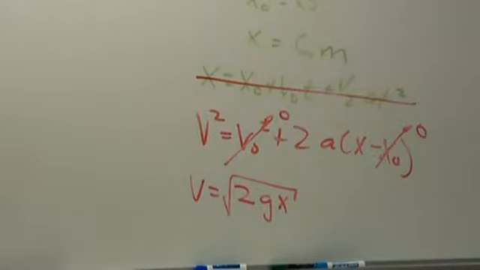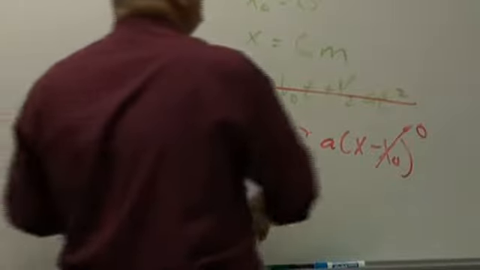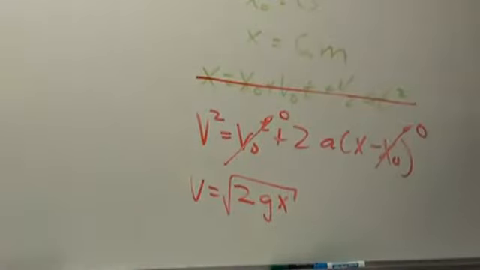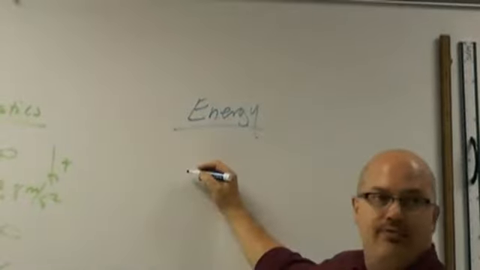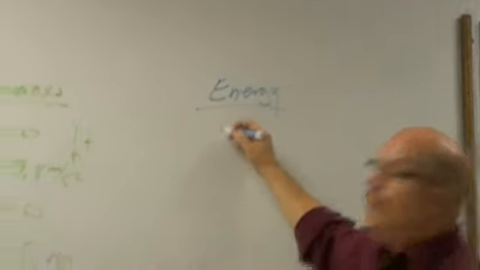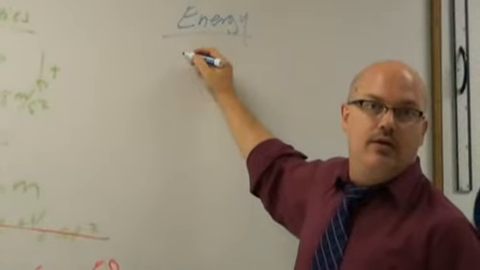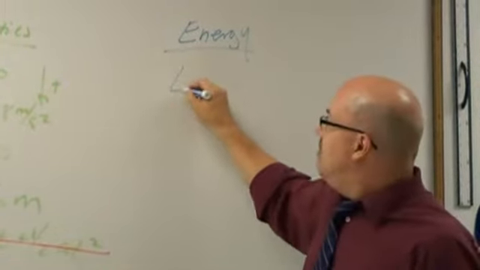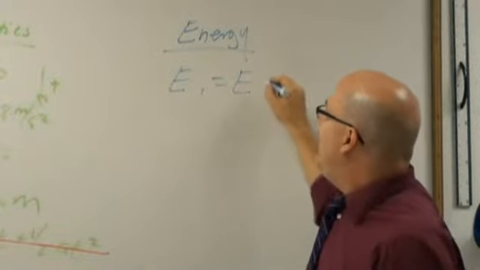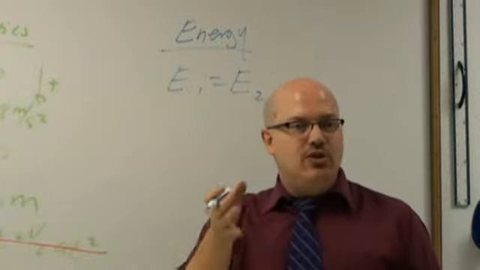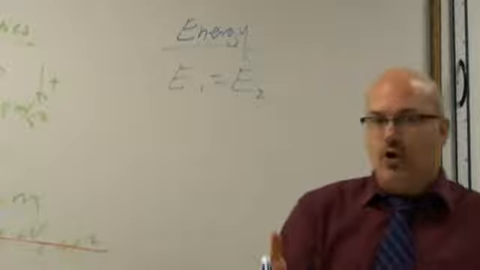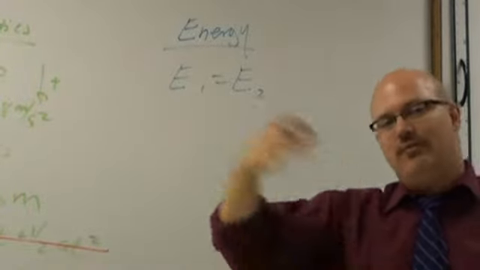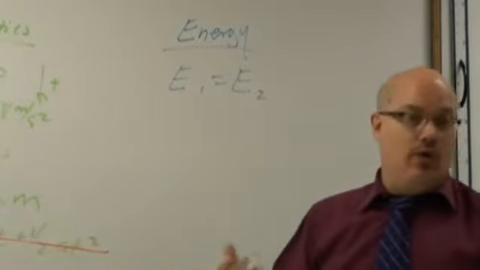Now, for those of you that decided to use energy, you said, well, first of all, can I use conservation of energy? Yes. Energy is always conserved, but you may not be able to use conservation of energy in equation form because it may be turning into a type of energy you can't account for.